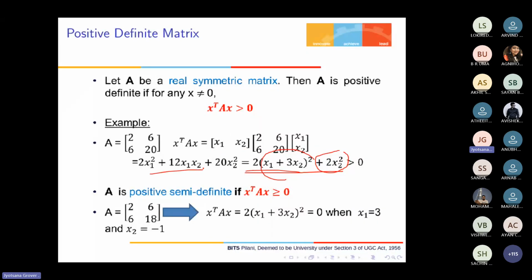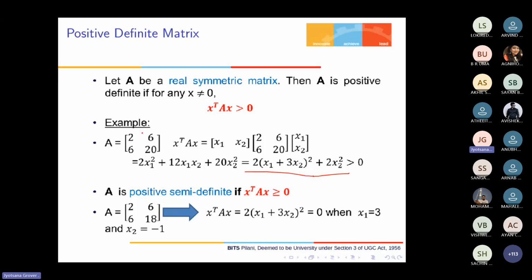So this is just a multiplication you have done. First, you have multiplied this with this, and then you multiply with this. So you got this result. Now you have to play a game here, play along with these numbers. So you took 2 common, so you get inside x1 square plus 6x1 x2 plus 10x2 square. Okay, so this number is always greater than 0.